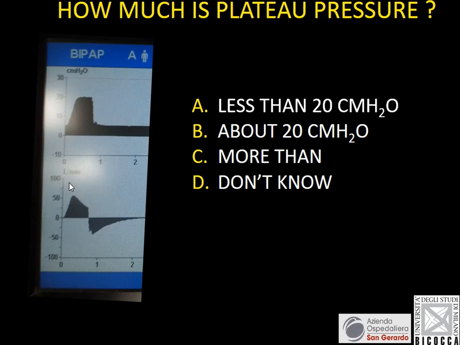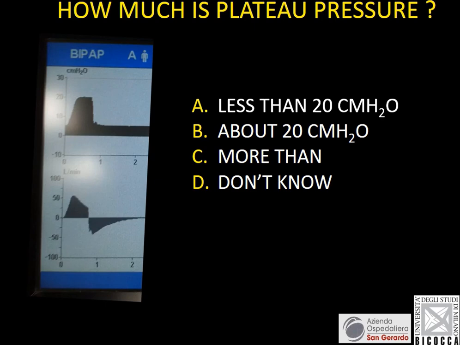Pressure and flow. How much do you think plateau pressure is? Who of you think is less than 20 centimeters of water? This is 20, okay? A, B, who goes for B? Who goes for A? Who goes for C? Who goes for D?